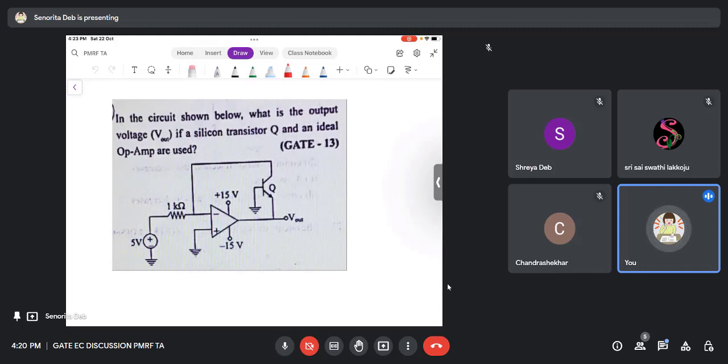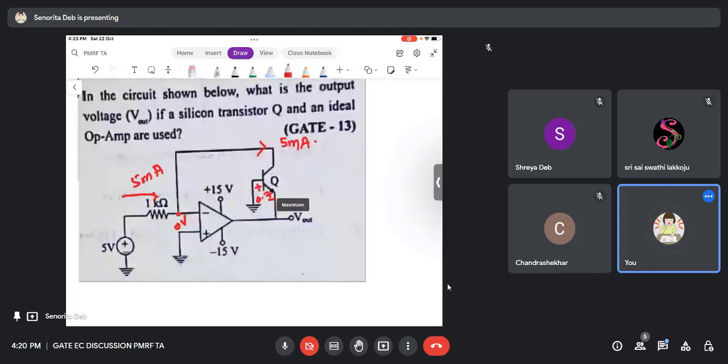You see that the output voltage is asked, nothing else is given. 5 volts is given here and this is 0 volts, so that means a 5 milliampere current will be flowing, and this current here is 5 milliampere. The voltage here will be plus minus 0.7. I'll wait for some time, let it get updated, whatever I have written.